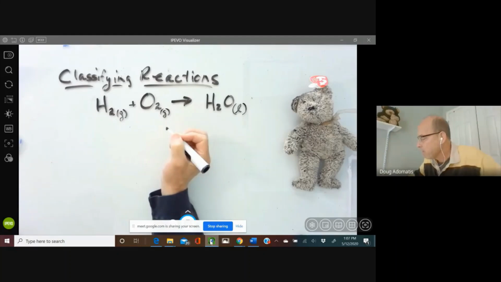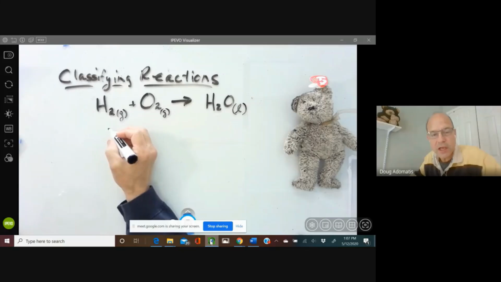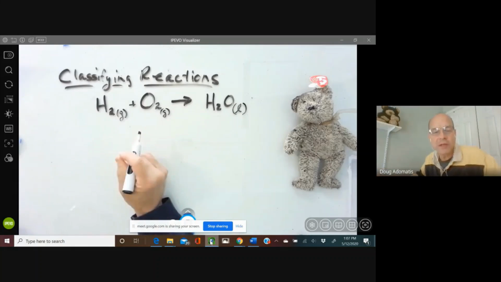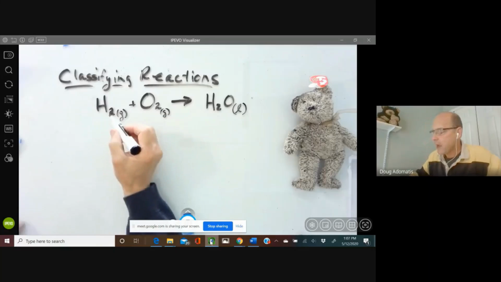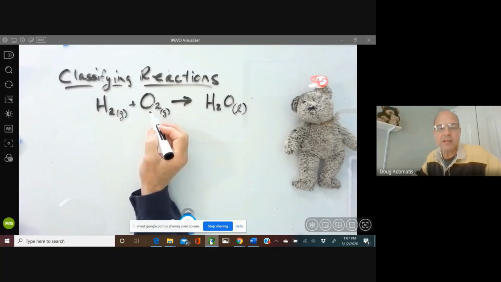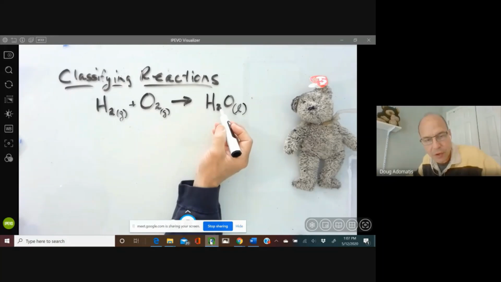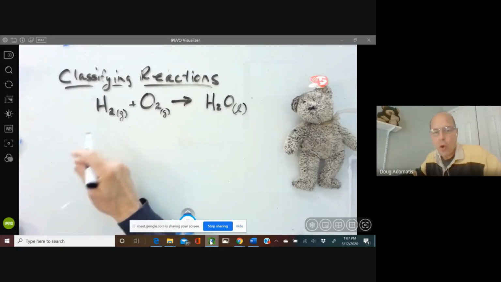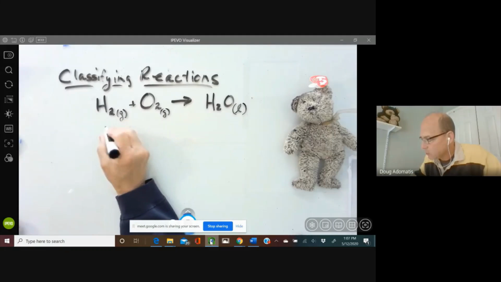Okay, so I was talking about models. Now I want to model this reaction using just letters. So this model is going to be generic. It could be hydrogen or something else that I'm putting together to form some new compound. There's a whole class of reactions, and these are called the synthesis reactions.